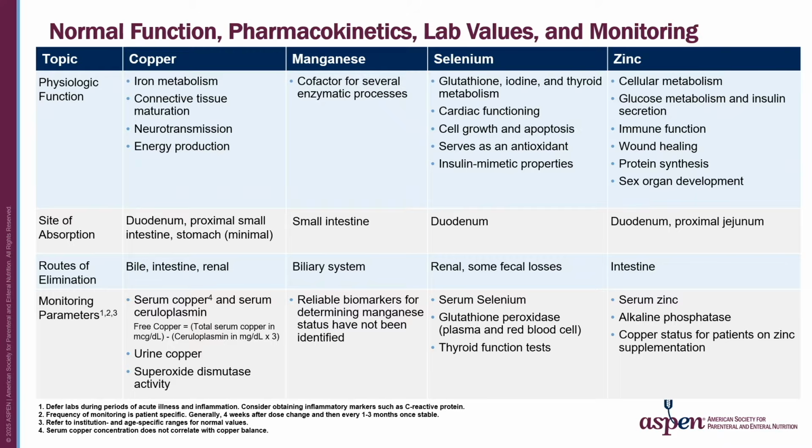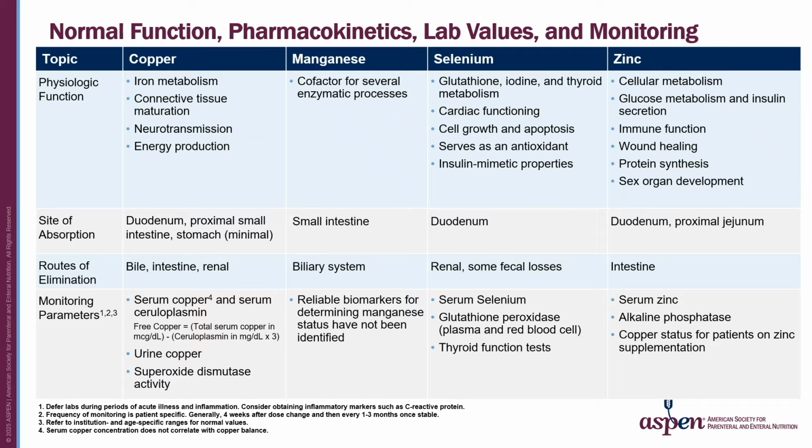Routes of elimination include bile, intestines, and renal. Monitoring parameters include serum copper and serum ceruloplasmin, using the equation on the screen to interpret those lab results, as well as urine copper, superoxide dismutase activity.